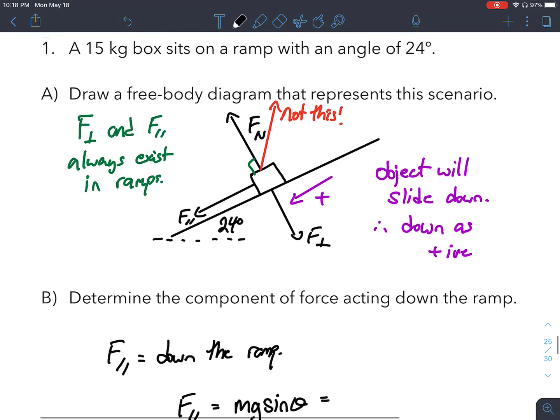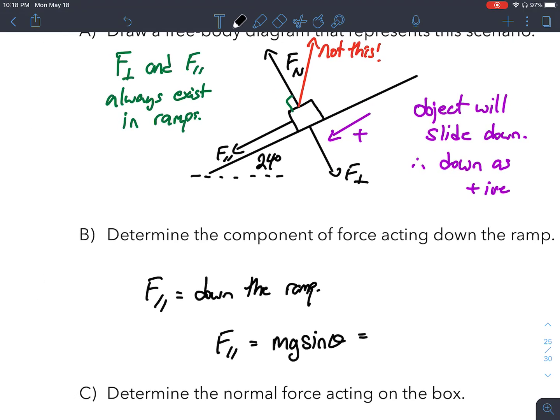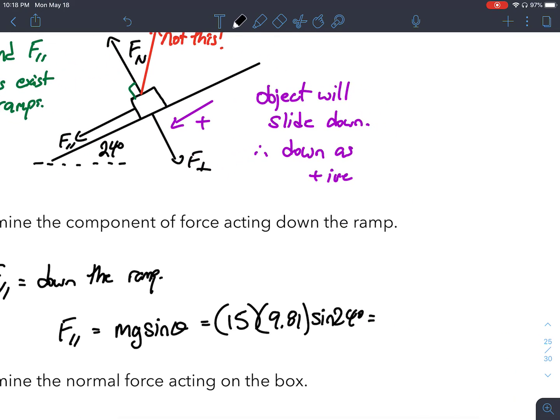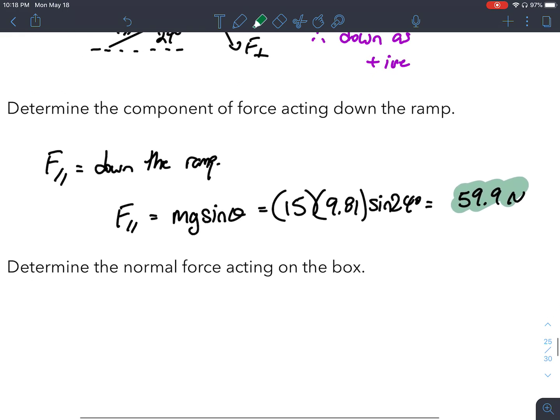So if we take our 15 kilogram box, we toss in our gravity of 9.81, and we toss in the sine of 24 degrees, we are going to get a nice, beautiful answer of 59.9 newtons. Cool, that's no problem. That's more of just a plug and chug.